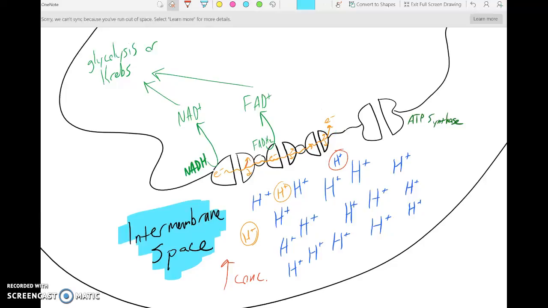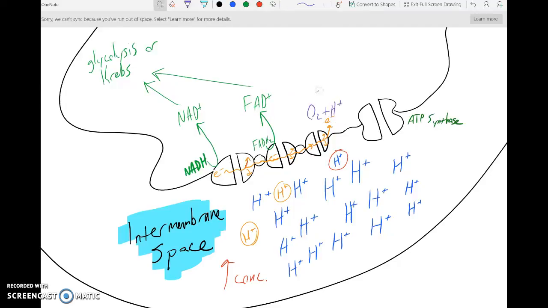So what's going to happen is we're going to have oxygen. Oxygen's going to come into the mitochondrial matrix. It's going to pick up hydrogen ions. These two guys are going to come in here.